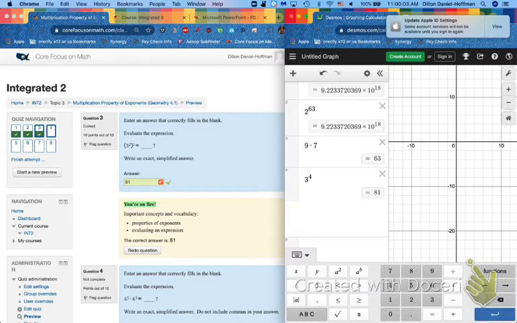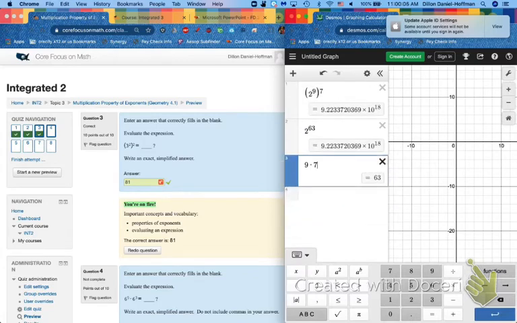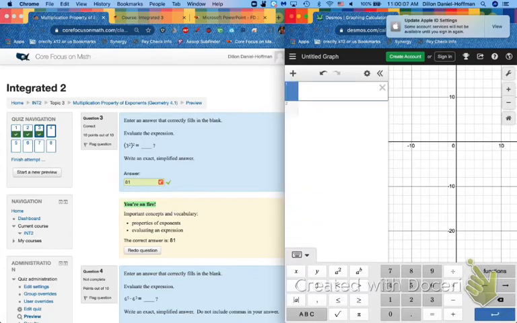All right, similarly, for the next problem, I remember from number 1 that if I have the same base here, 6 to the 5th times 6 to the 3rd, the base stays the same. It's still 6, but it's 6 raised to the 5 plus 3 power. And 5 plus 3 is 8. And once again, I can check that here.